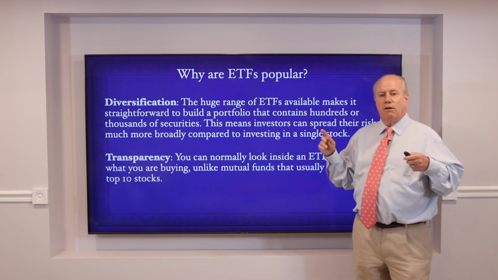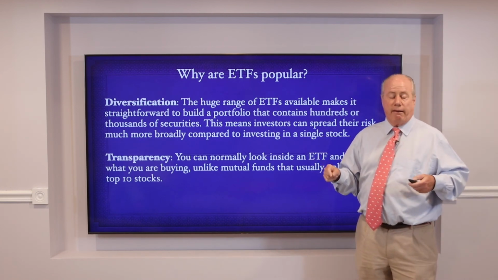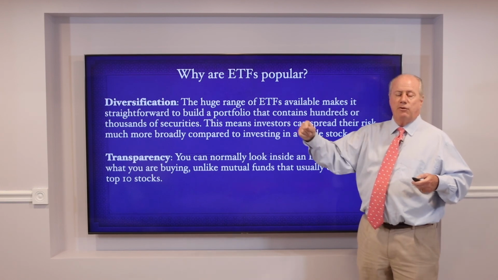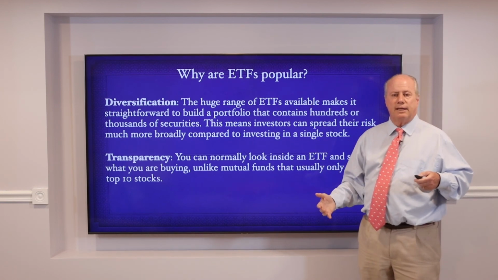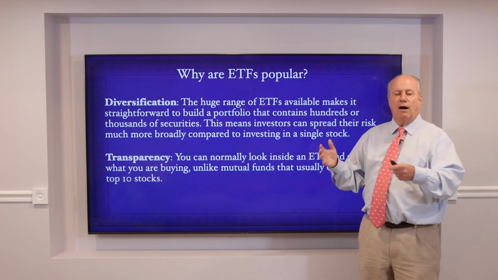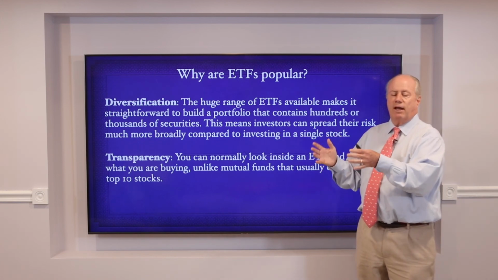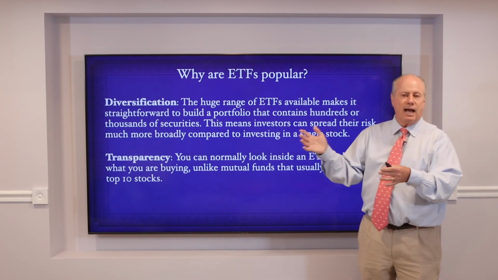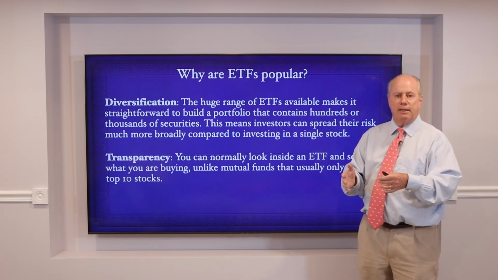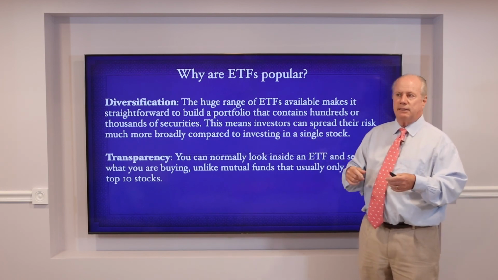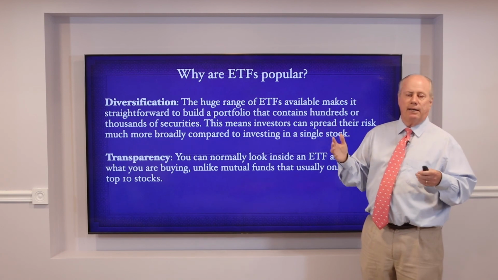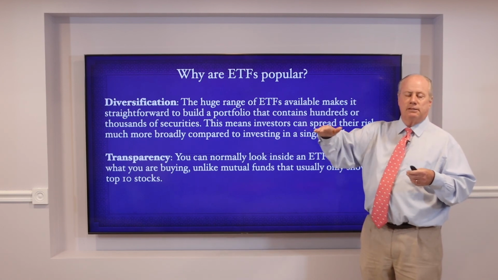Transparency: you can look at the prospectus, for example, and find out exactly what stocks they own and what percentage of the total value of that ETF that stock or bond might be. So say I'm buying an ETF and Apple is 6.7% of this ETF.